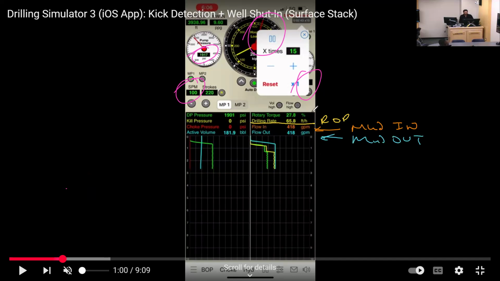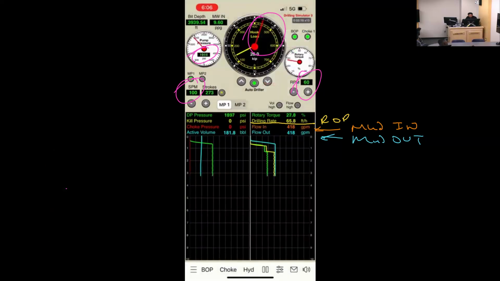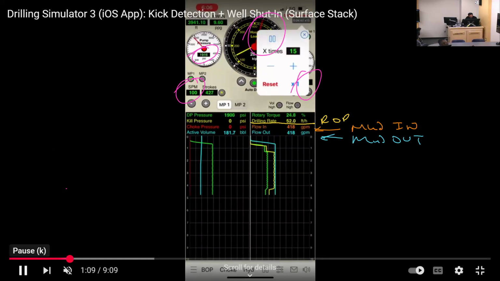Look at the yellow line, it's fairly steady. At some point, it's going to change. I'm making it drill faster. So very soon, look, it decreased. It didn't increase, but it decreased. You see it? It went back, right? The yellow line is decreasing.